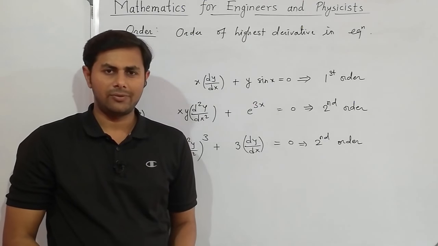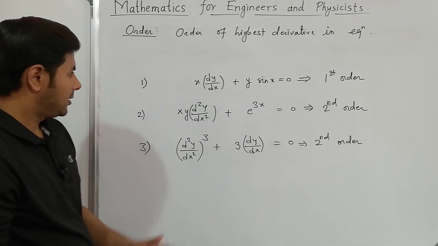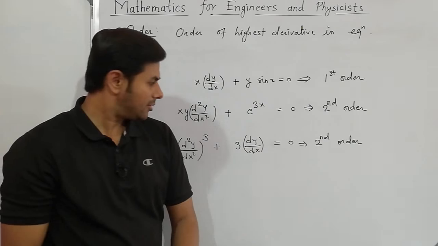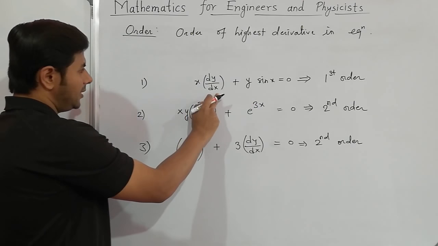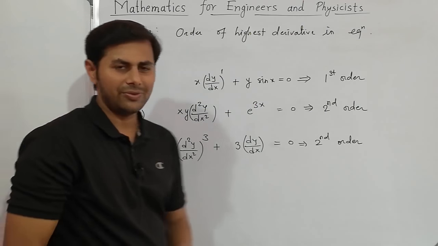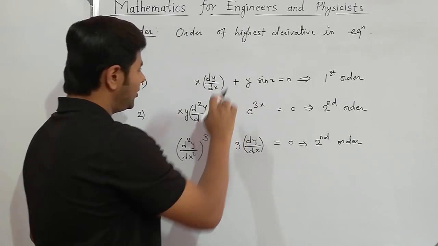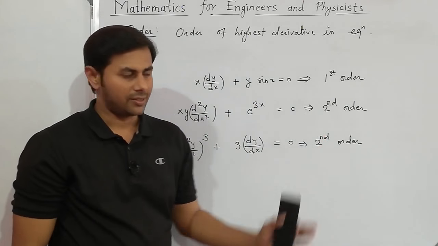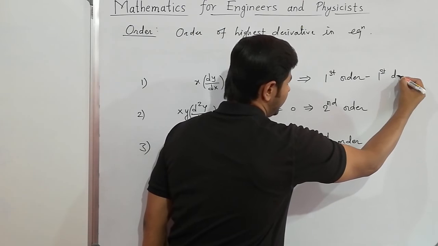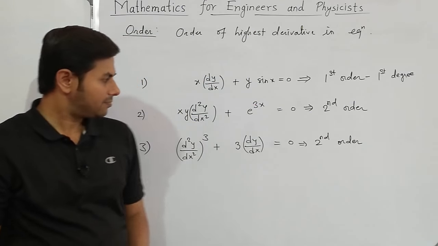Now let's see what it means by degree. Degree is just the power of the highest derivative in an equation. As you can see here, there is only one derivative and the power of that is 1. So the degree of this equation is first degree. So this is a first order, first degree differential equation.